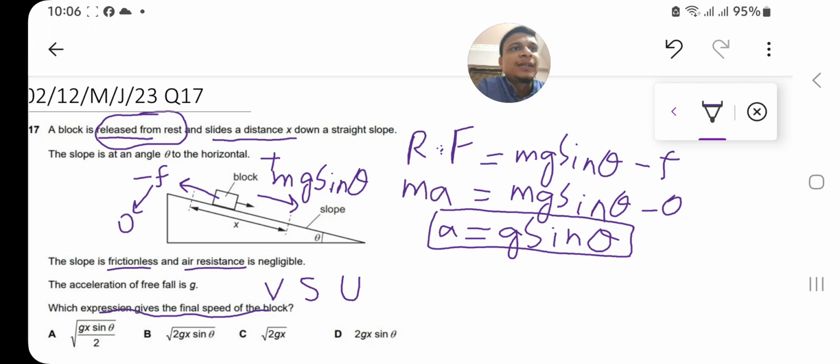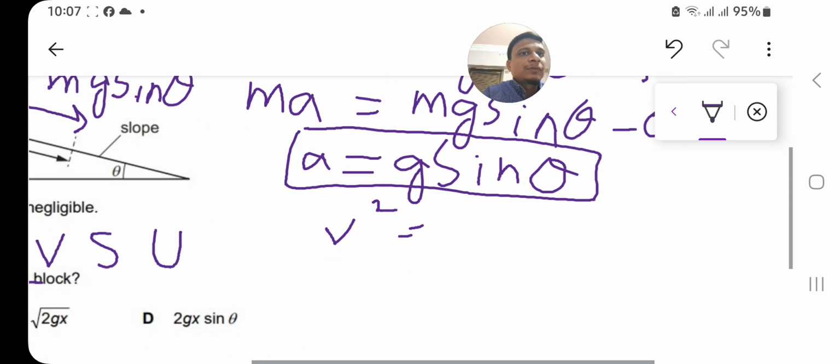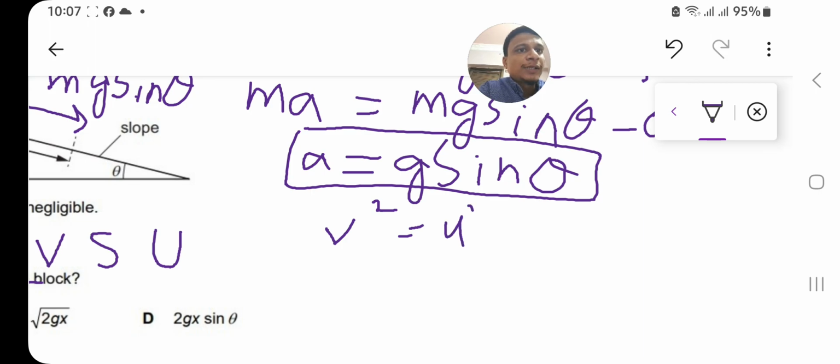We have equations of motion, the Stewart equations, so we'll use one of them, because you know that v square equals u square plus 2as.